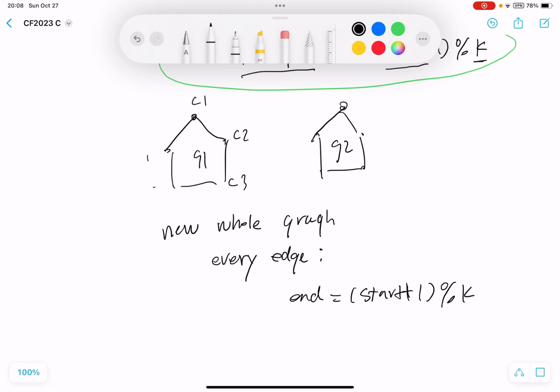That means every edge we add between the two graphs must guarantee the end equals start plus 1 modulus k.